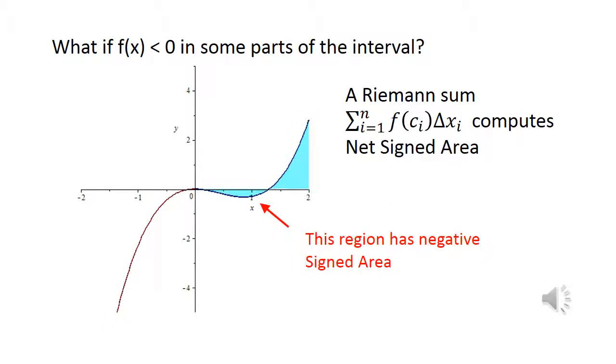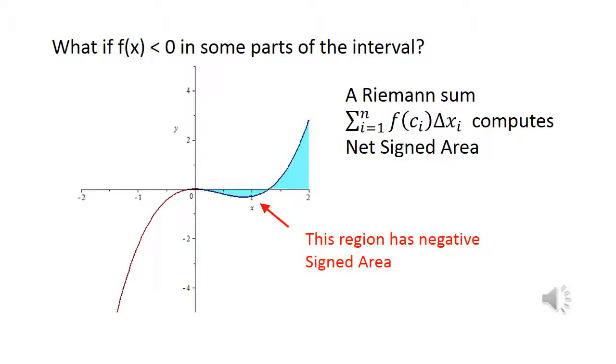One of the questions that we did not consider in class is this: what happens if f of x is negative in some part of the interval that we're constructing an area sum over? Well, it's pretty clear that if f of x is negative, then it's going to give us a negative value for the area of its rectangle. What does that mean? Well, it doesn't mean that the rectangle has actual negative area.